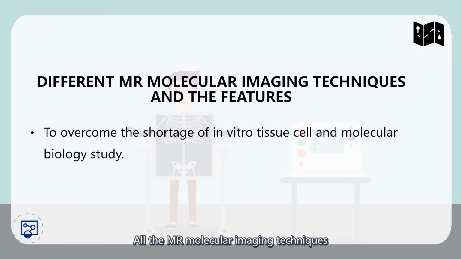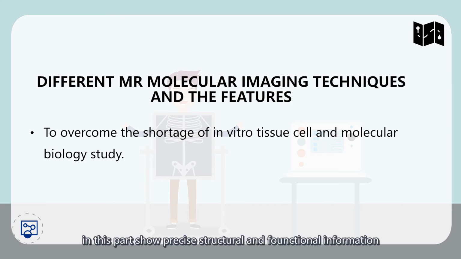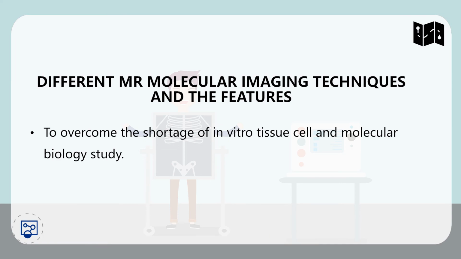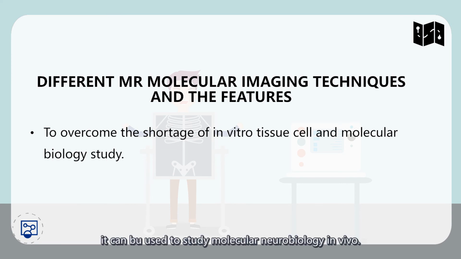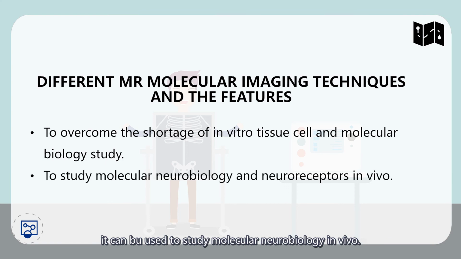Overall, molecular imaging techniques in this part show structural and functional information for improvement of the diagnosis and therapy of nervous diseases. In addition, they can be used to study molecular neurobiological mechanisms.